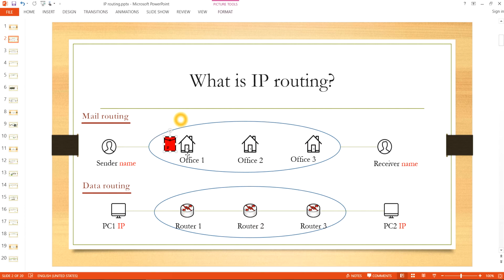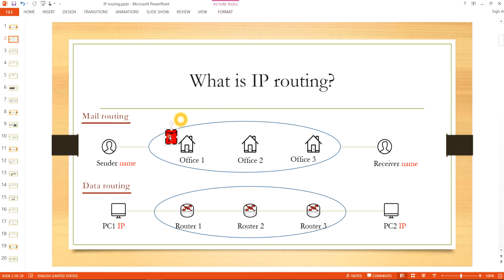Office 1 is in the same city as the sender. So this sender only knows this office. He does not know the other offices because they are located in different cities. So he sends his envelope or letter to his local office.